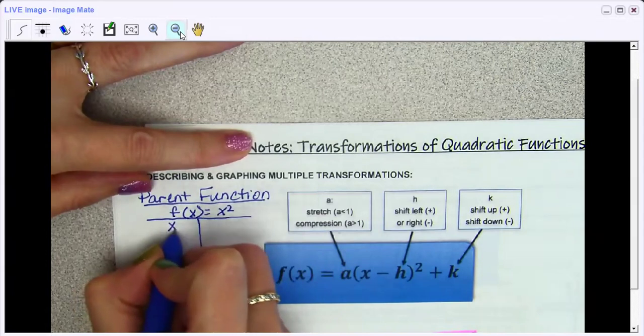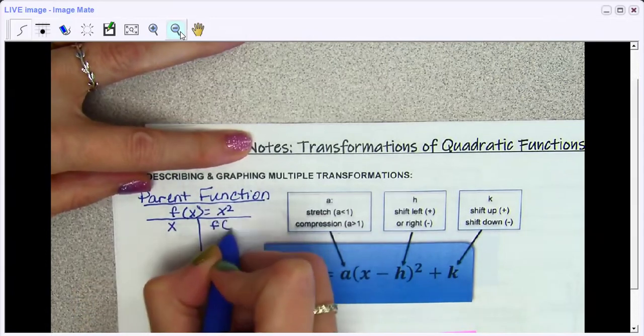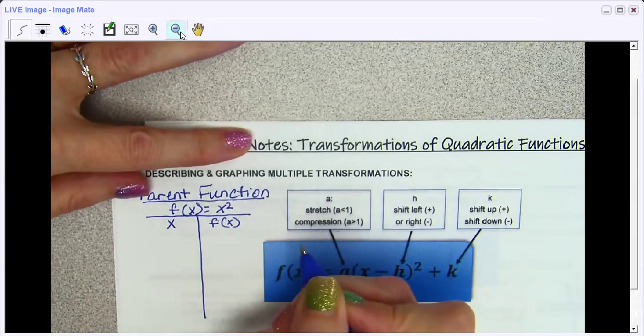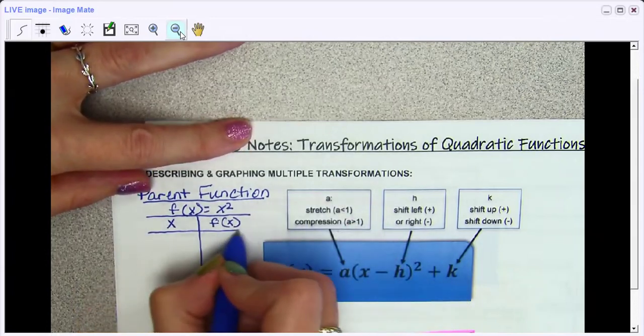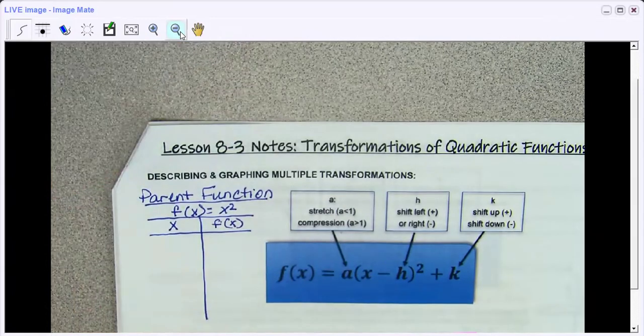This is going to be x, and this is going to be f of x. F of x is just y, okay? And we know that our vertex is going to be 0, 0.